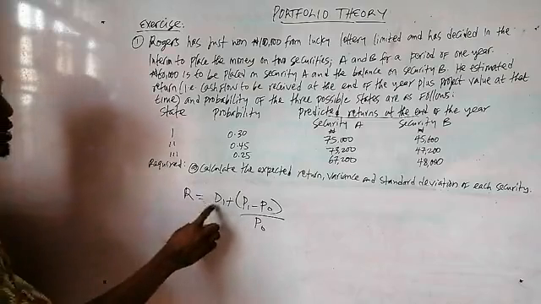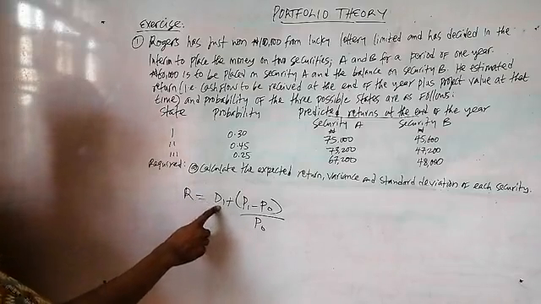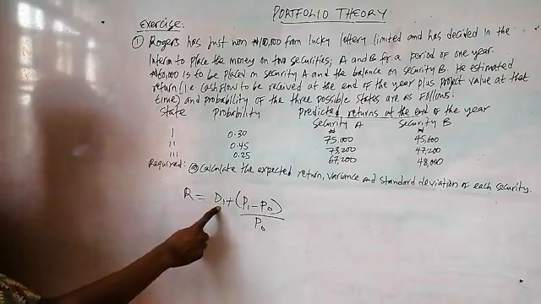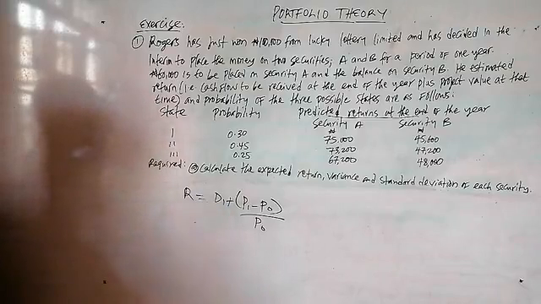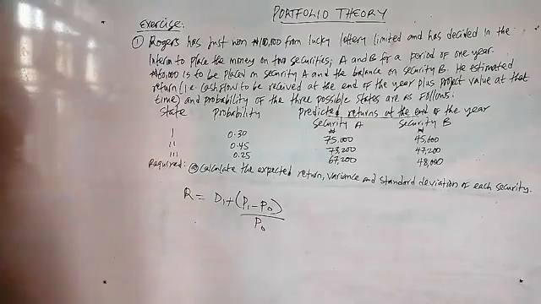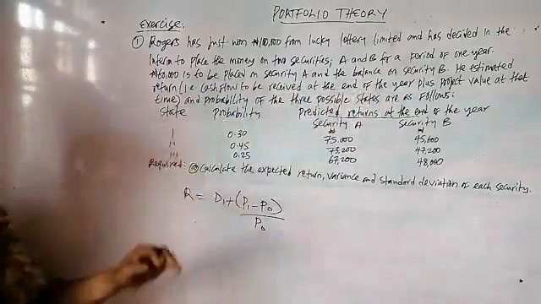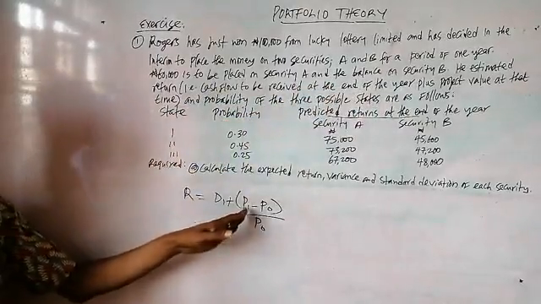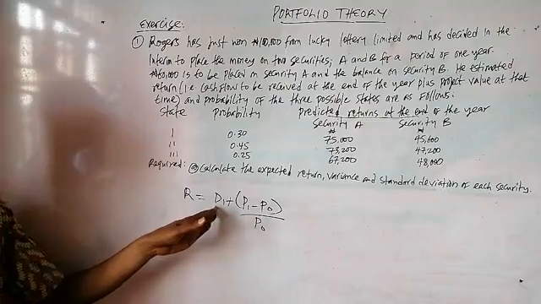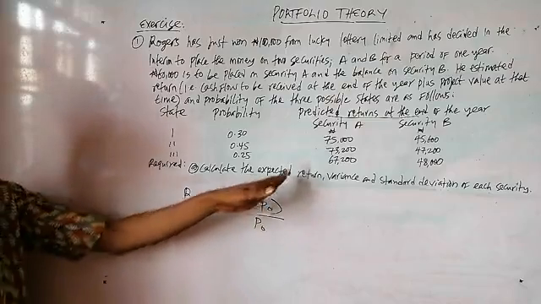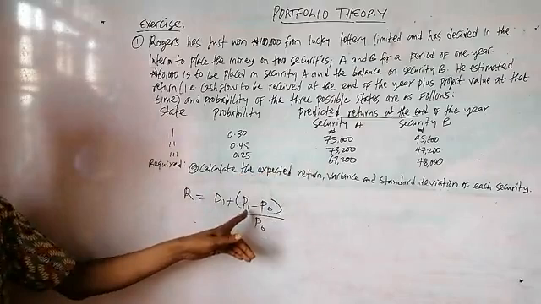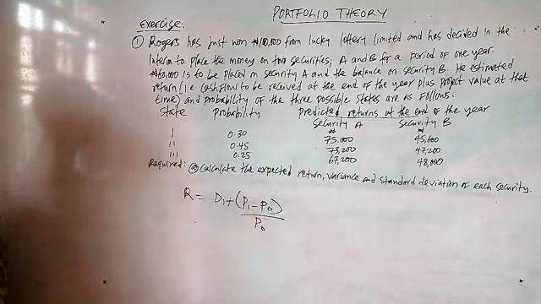So now the question: is there dividend paid at the beginning of the period? According to this question, there's no dividend paid at the beginning of the period. So we don't have it, so we don't need to use it. But we have P1. P1 is the price at the end of the period of the shares.